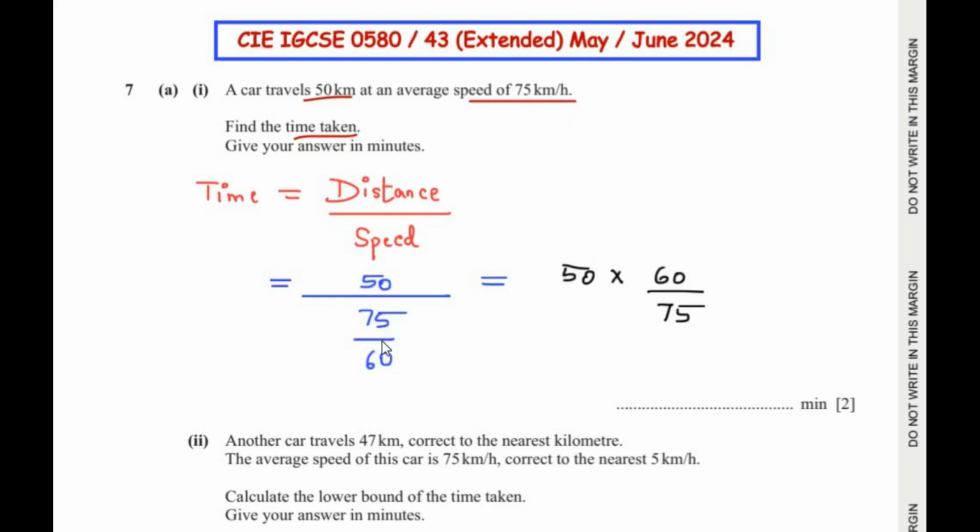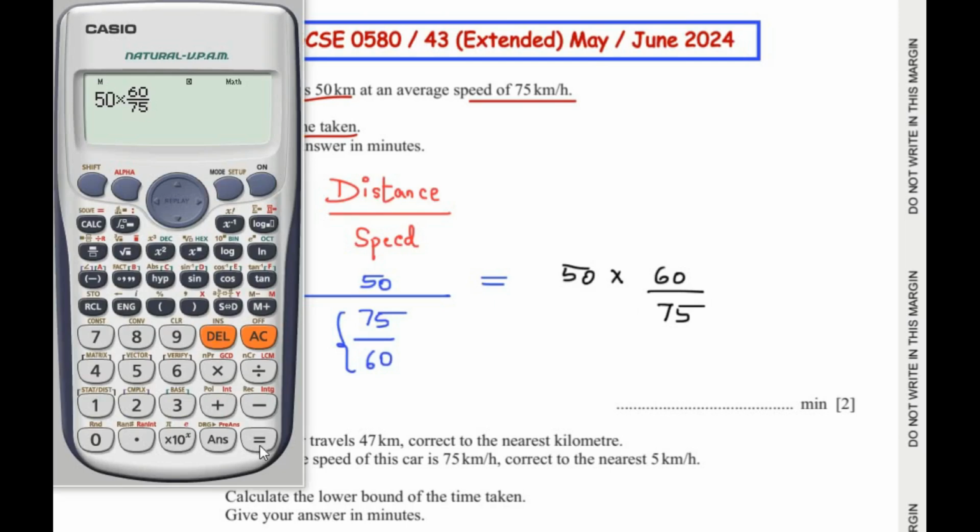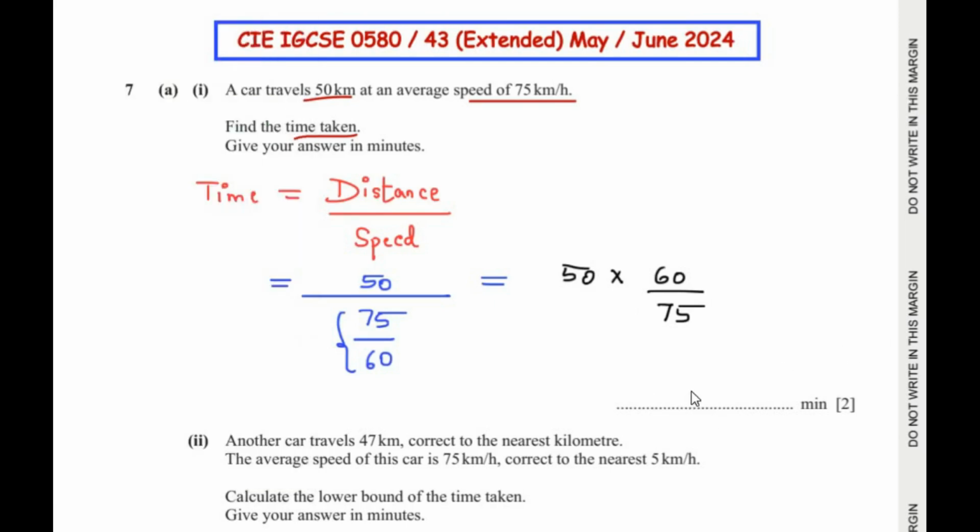So 75 gets divided by 60 minutes. Now this fraction, when we are taking it to the numerator, flips upside down, so we get 50 times 60 over 75. So let us see what value this gives us. So this is going to give us 40 minutes. So the car has taken 40 minutes to cover a distance of 50 kilometers if it is moving at speed of 75 kilometers per hour.